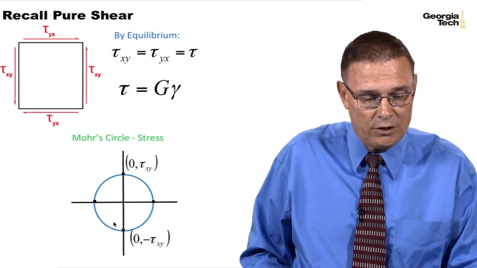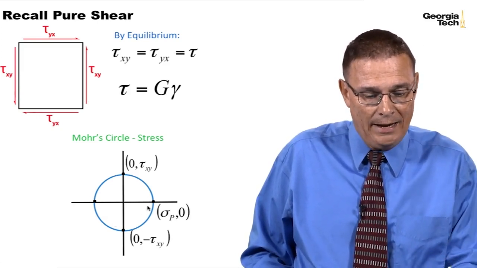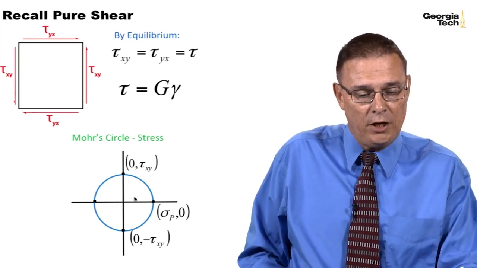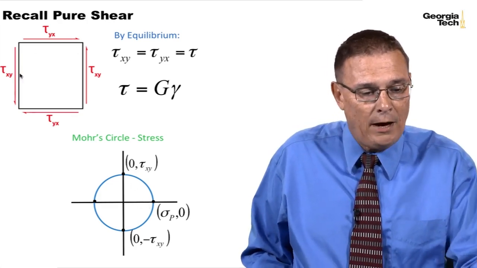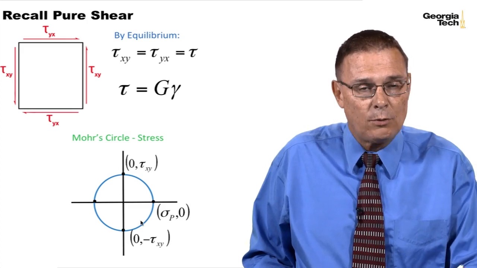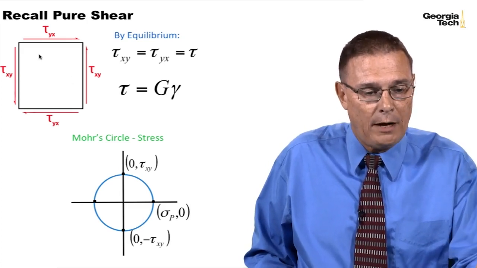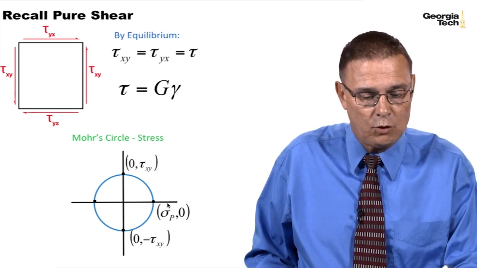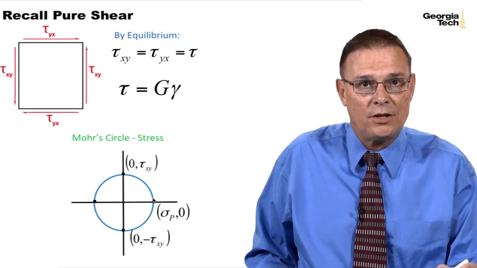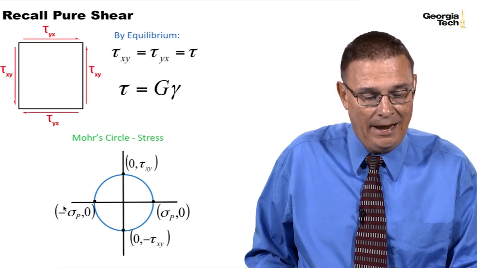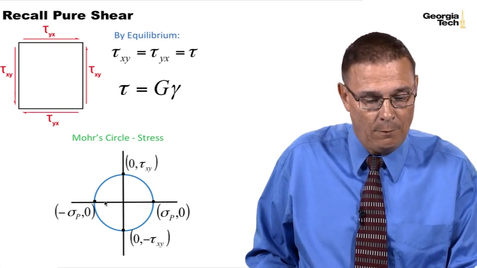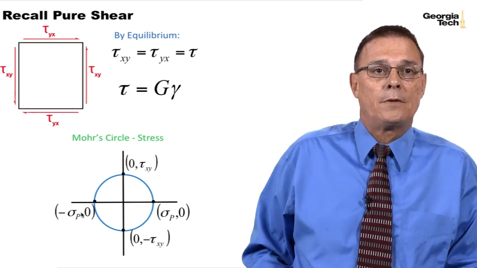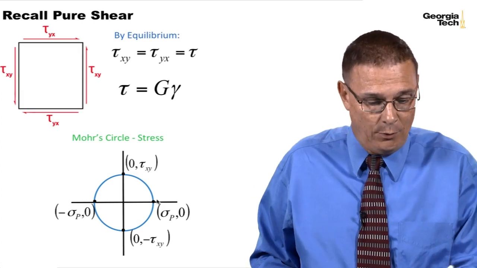And so this is my Mohr's circle, and I see for this case of pure shear that a 90 degree rotation on Mohr's circle, or 45 degrees rotation on my stress block, I will end up with my principal stresses, sigma sub p, and minus sigma sub p, for the second principal stress. And so they're equal.